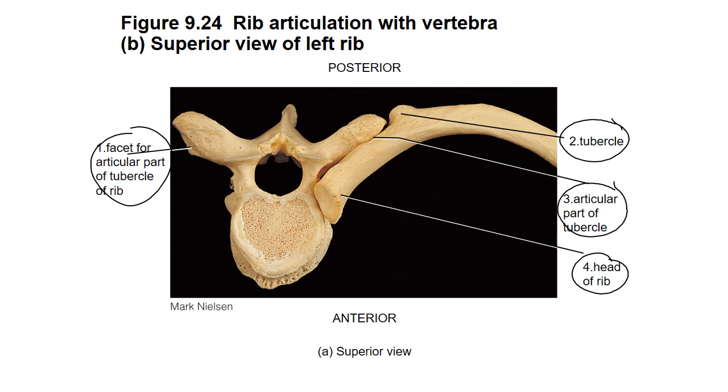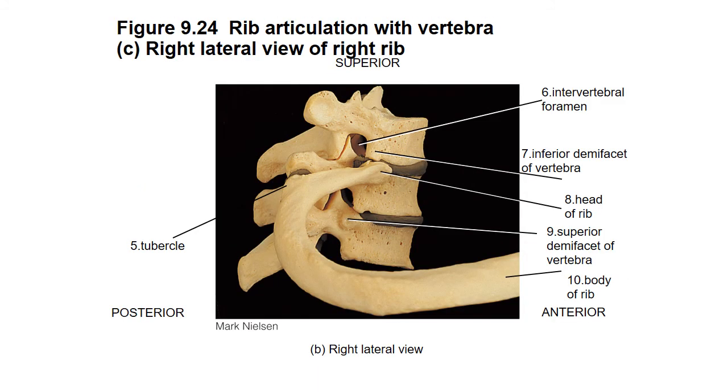Next slide. Okay, this shows a little bit better. So you have an articulation here with the tubercle. So here's your articulation of the tubercle of the rib with the transverse process of the thoracic vertebrae. So here's the rib coming around this way, and then it articulates with an inferior demifacet here and a superior demifacet down here underneath, that you can't see, underneath the head of the rib there.